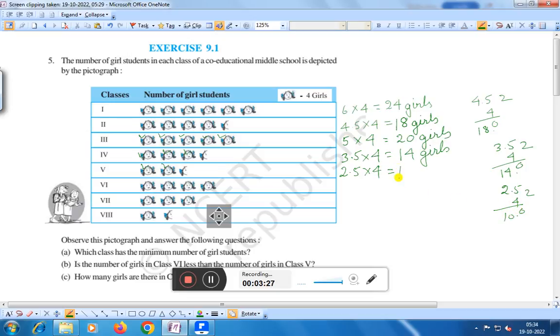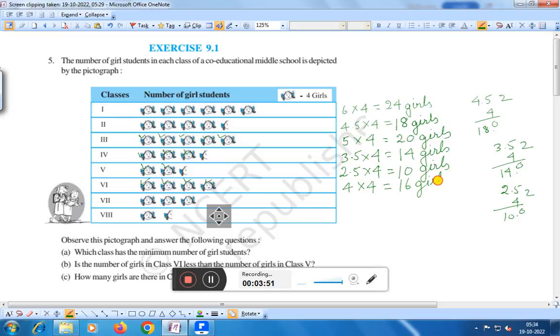That is 10 girls. Next one is class 6. 1, 2, 3, 4. That is 4 pictures, and each represents 4 girls, therefore 4 into 4 is equal to 16 girls.